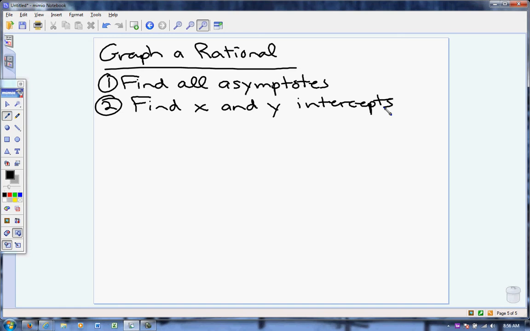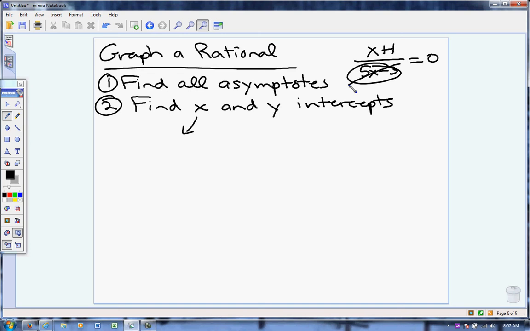Now, for the x-intercepts, we're dealing with a rational function, a fraction function that's ugly. But if I have, whatever, x plus 1 over 5x minus 3 equals 0, if I solve that, doesn't the denominator just go away? Wouldn't I multiply both sides by the denominator, and that thing would go away?